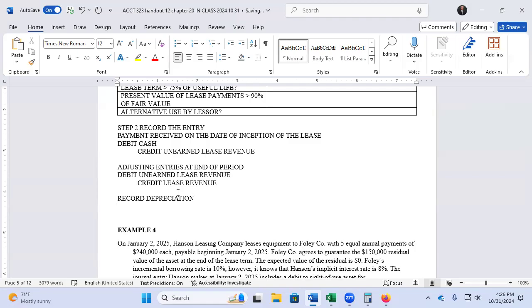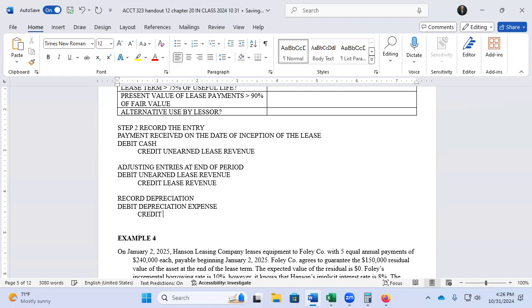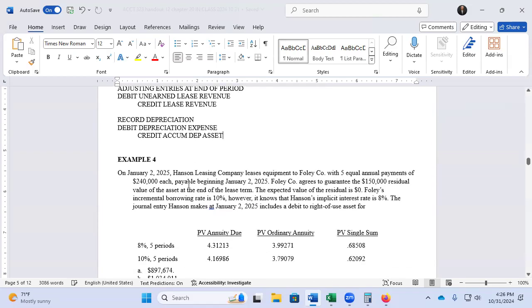And then, of course, you're familiar with depreciation, and it's just the standard debit depreciation expense and credit accumulated depreciation for the asset. So it's much easier to account for if you're a lessor. It's not difficult if you're a lessee, but it just makes everything easier with an operating lease.